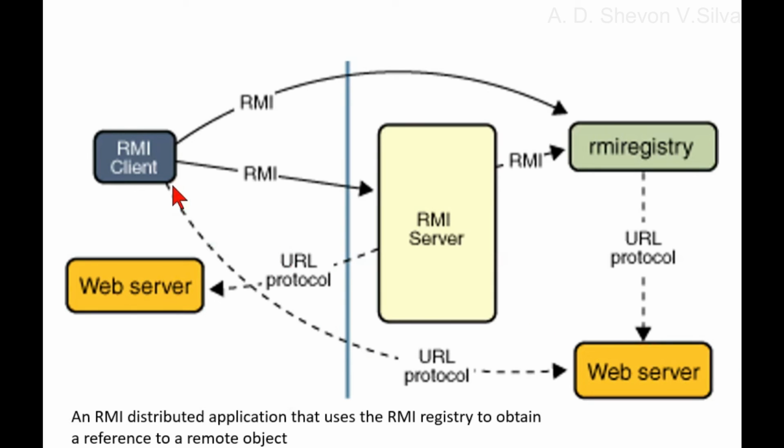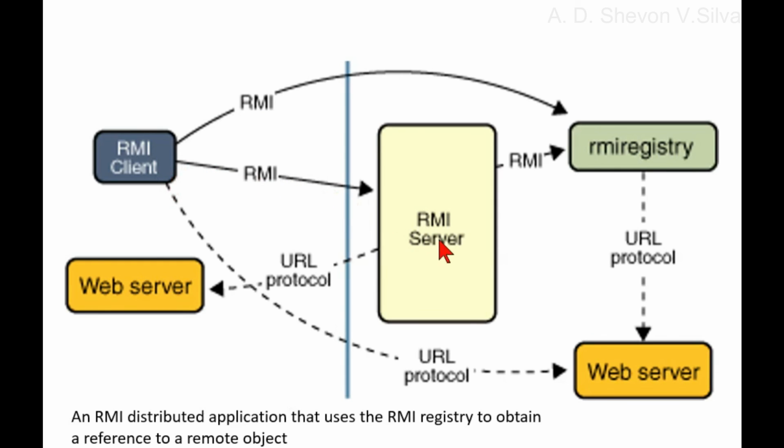Here the RMI client is connected to the RMI registry, so RMI is passed from the RMI client to the RMI registry. The RMI client is connected to the RMI server, and RMI is passed from the RMI client to the RMI server.